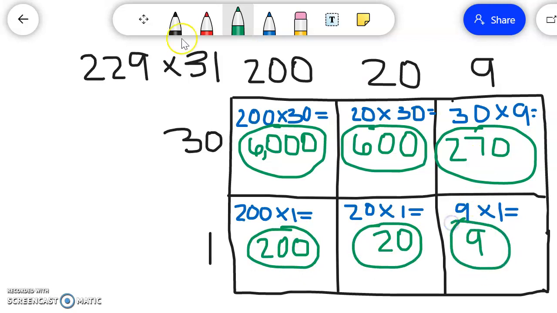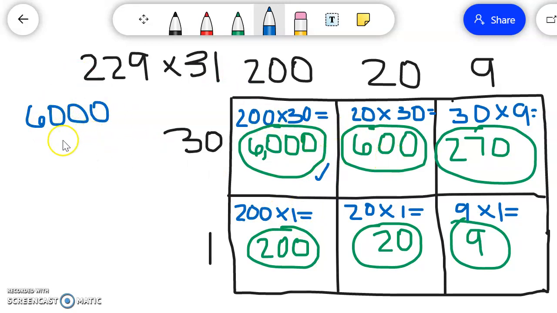And now I am ready to add them all together using place value. So I'm going to change now to my blue pen. And I'm going to transfer my partial products to the left-hand side. And I'm going to line them up in place value. So my biggest number is a 4-digit number, which is 6,000. Now I have 3. Let me put a check by 6,000. I know I've placed that in my place value to add.